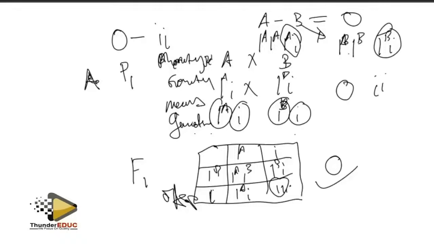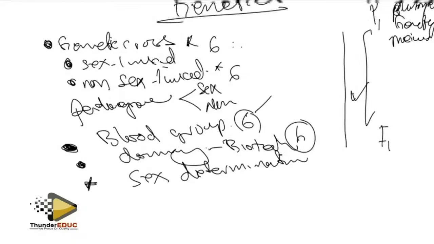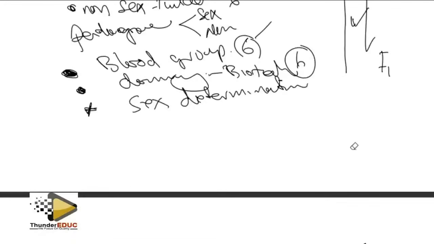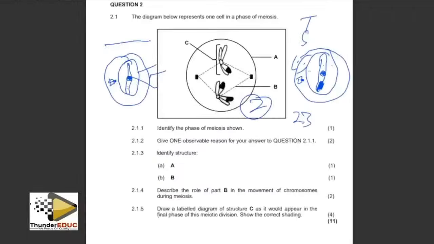Let's go on. We talked about the blood group. I'm coming back to cloning. Okay, let me give you a question, because I just want to go for 2 or 3 minutes.